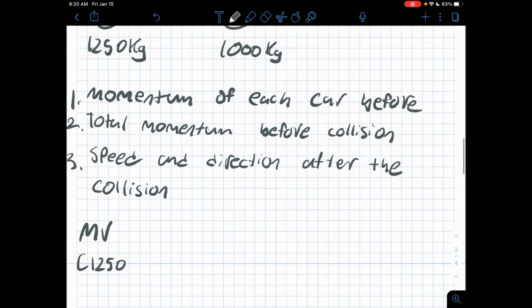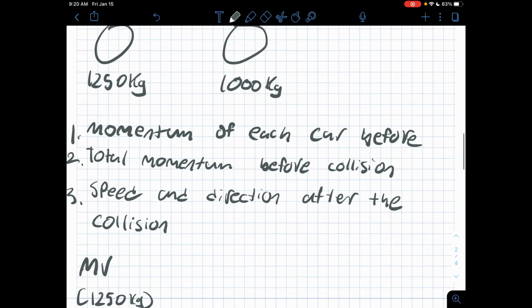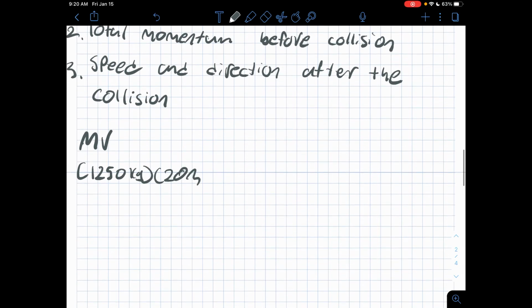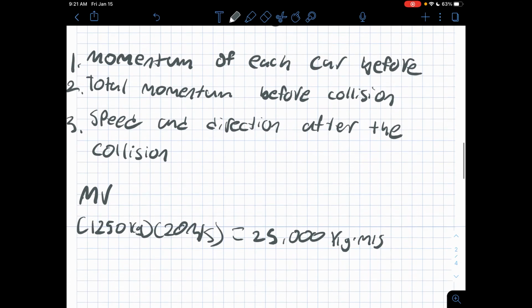So let's take the first one. We get, and remember to use brackets, 1250 kilograms times 20 meters per second, which is 25,000 kilograms times meters per second, because that's the unit we use for momentum.